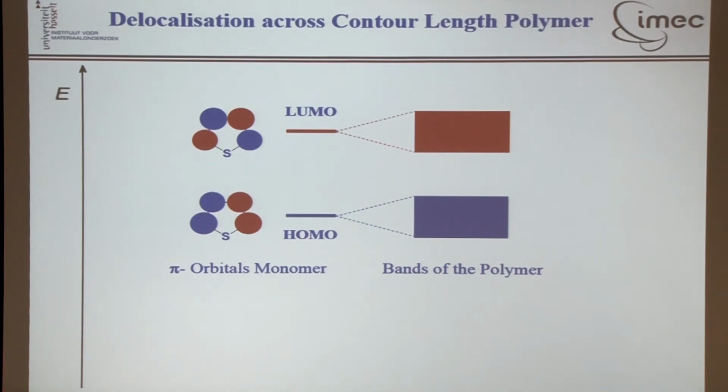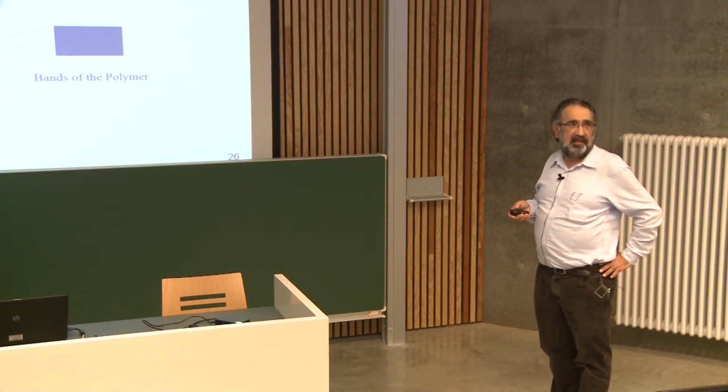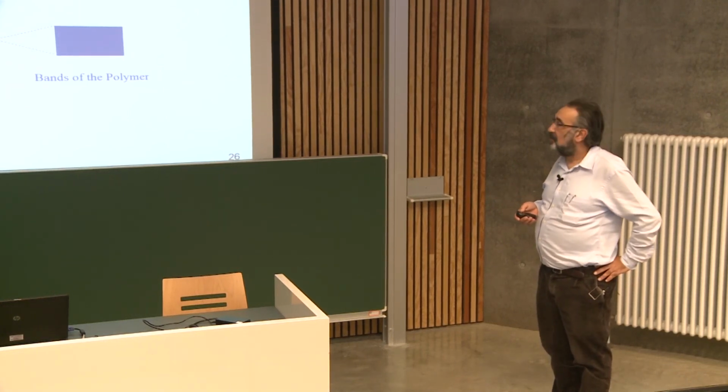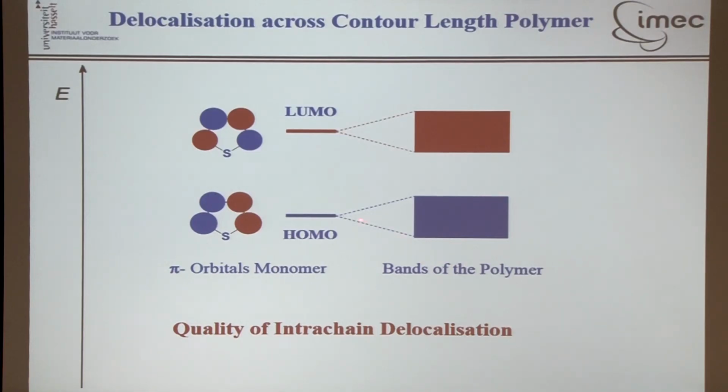And so it disperses. As it disperses, the band gap goes down. So the stronger the interaction between the repeating units, you can expect that the band gap goes down. So actually, the band gap is related to the quality of the intrachain delocalization along the contour length of the polymer. That's what's going on.